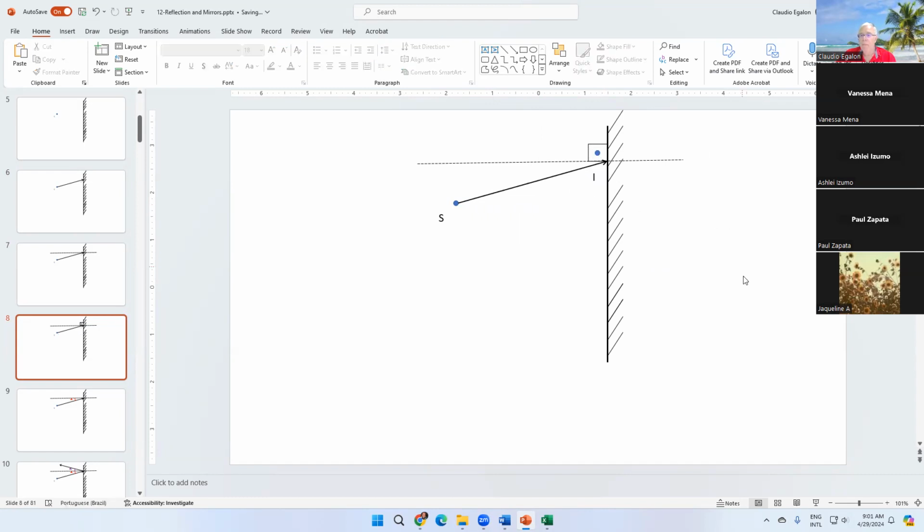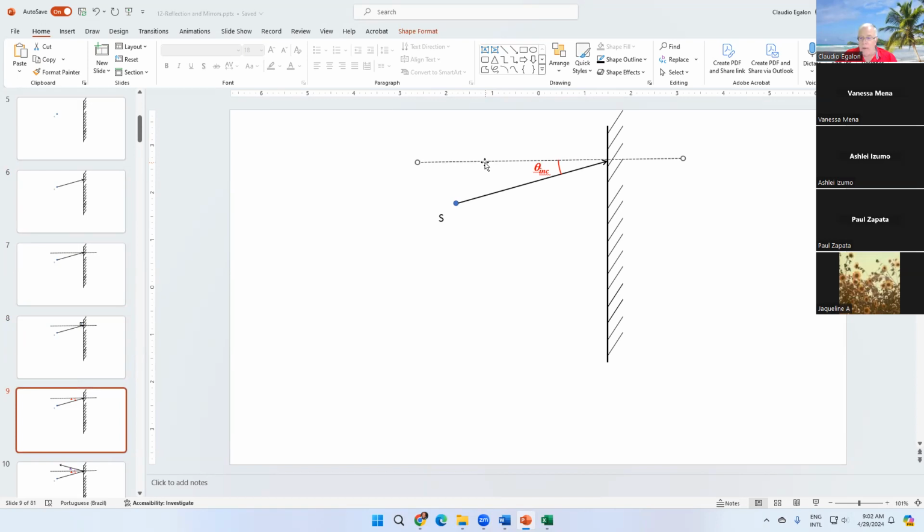And in the next drawing, I introduce you to one of the laws in geometrical optics. But before, let's call this angle here the incident angle, theta incident. The angle is measured with respect to the normal.